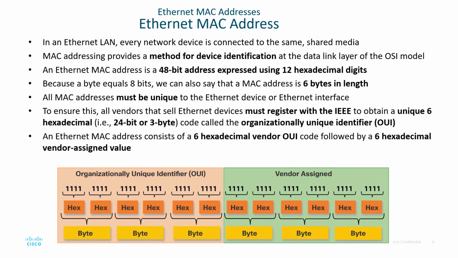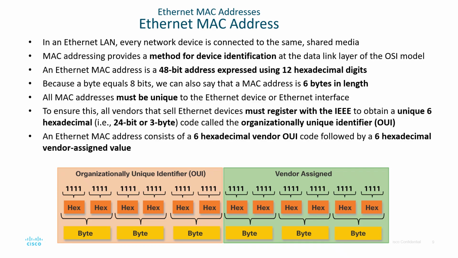So in an Ethernet LAN, every network device is connected to the same shared media. Your MAC addressing provides a method for device identification at the data link layer of the OSI model. An Ethernet MAC address is a 48-bit address which is expressed using 12 hexadecimal digits, as you see here.